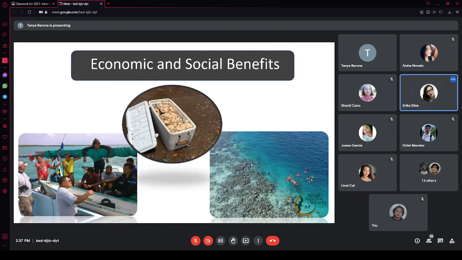Okay. Let's go with Vieri. Sorry. Okay. We have Ashby Aisha as well. Yes, Vieri, go ahead. What are you seeing here? Social and economic benefits of this? Of those three ecosystems. Go ahead.